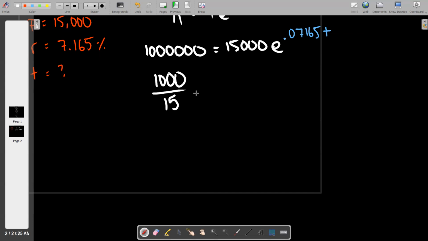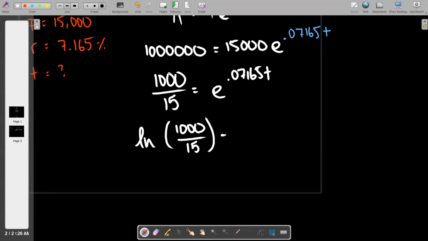So 1,000/15 equals e to the power of 0.07165t. And of course, you know by now, since the t is nanny boo-booing us from 13 feet up in the tree, what are we going to do? We're going to log both sides. More specifically, we're going to natural log because we see that there's a benefit to that. So on the left-hand side, I'm going to have the natural log of 1,000/15.